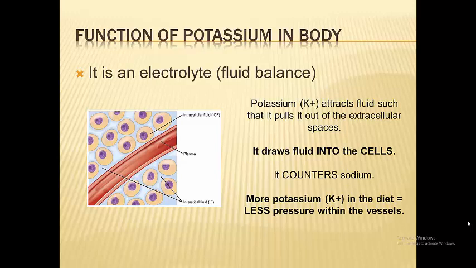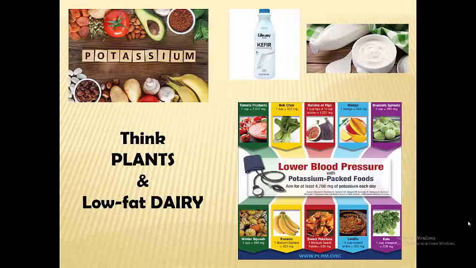So think about it. Potassium-rich foods are fruits and vegetables and dairy. Kefir is like liquid yogurt. If we're consuming low-fat kefir, low-fat milk, or low-fat yogurt, we're getting a lot of potassium. And the more colorful fruits and vegetables or nuts and seeds, plant foods that we are consuming, the more potassium we're consuming.